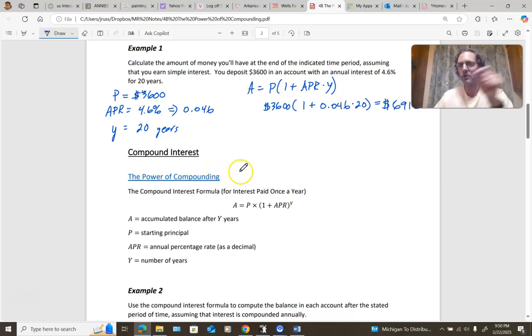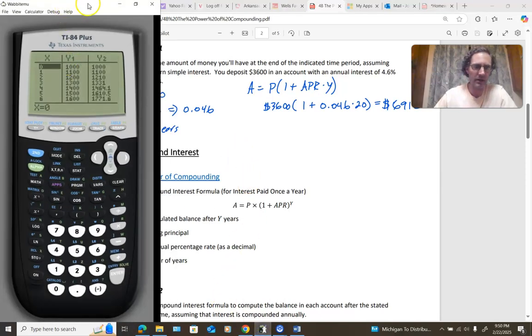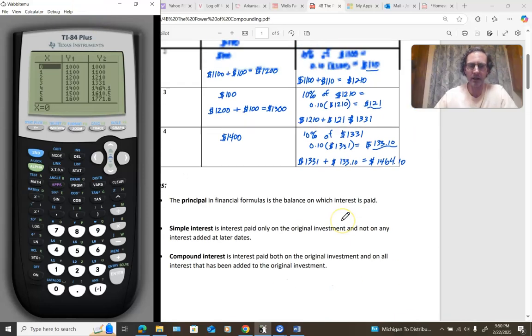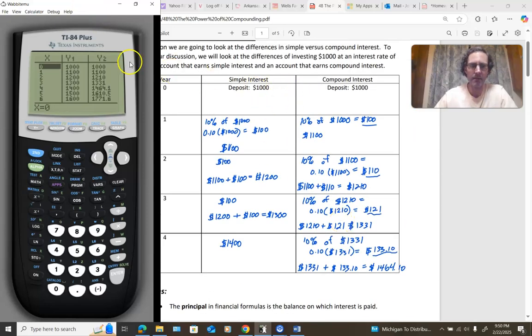Okay, before we do that, I thought about this last time. I wanted to show you my calculator here. If you think back to the table where we manually calculated these values, I pulled this up on the calculator because I wanted to show you the difference in how these two investments grow.